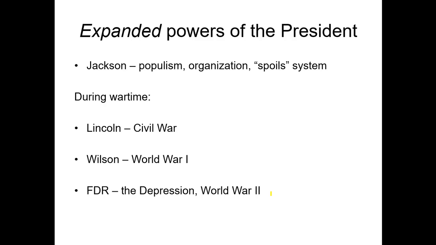But during wartime periods is when presidents have really expanded power. But in these cases, the expansions were temporary. We talked about how President Lincoln, in order to win the Civil War, did pretty much anything he could possibly do. He suspended habeas corpus and arrested without warrants.